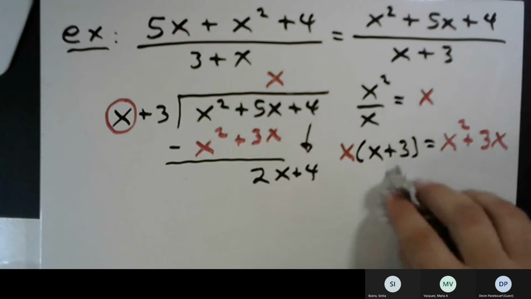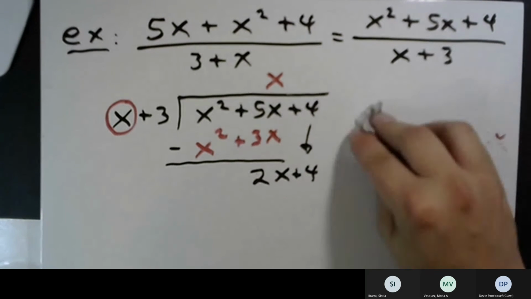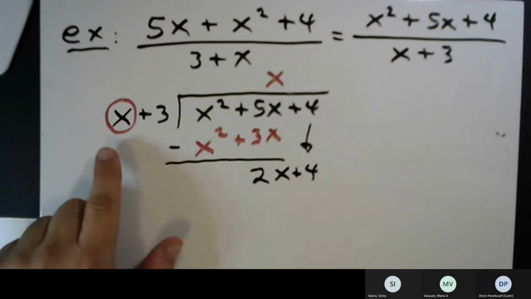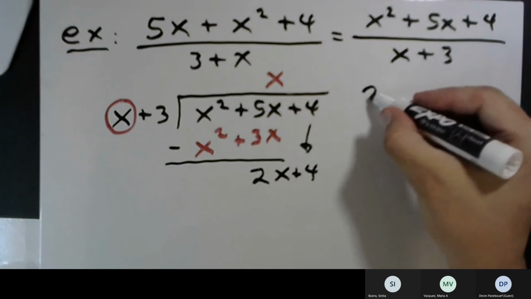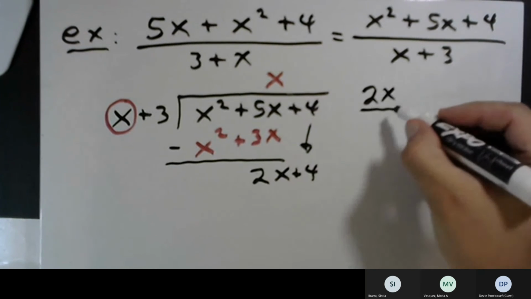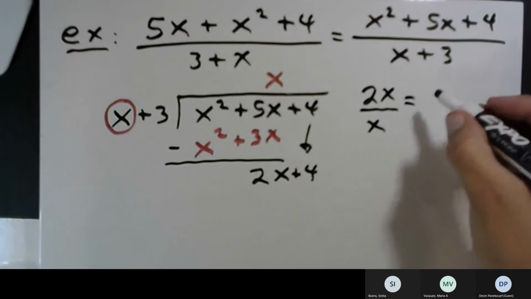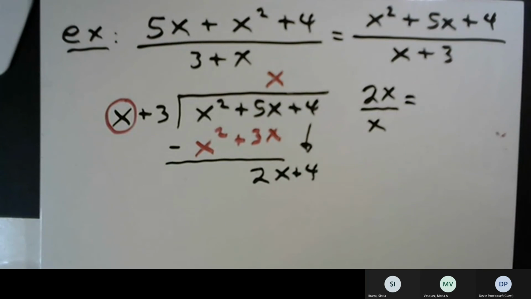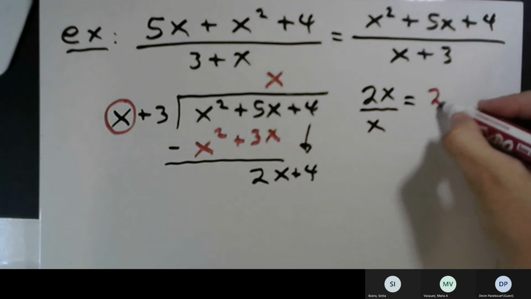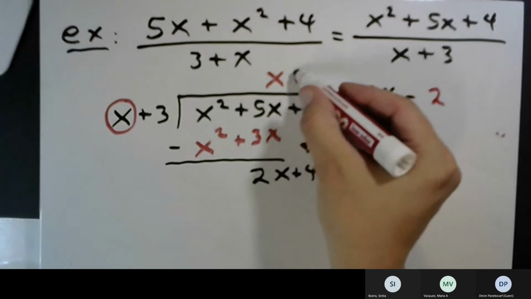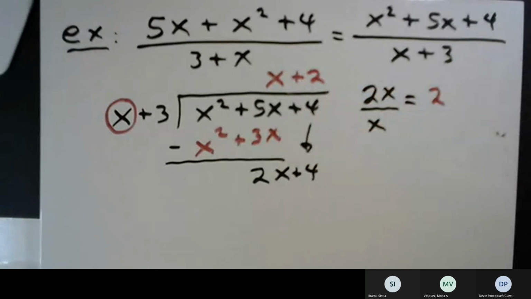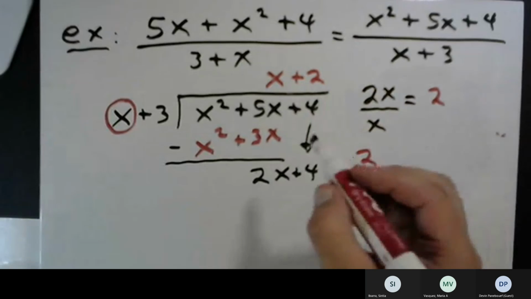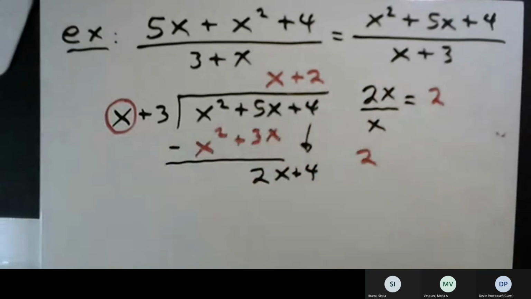And so now we move on to the second cycle. Except this time, we're going to be using this and this. So 2x divided by x, that's going to be equal to 2. It's a positive 2, so you have a plus 2. You have it over the constant here. Then we take that positive 2, we multiply it to the entire divisor.